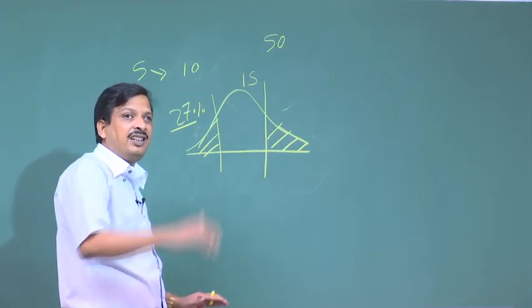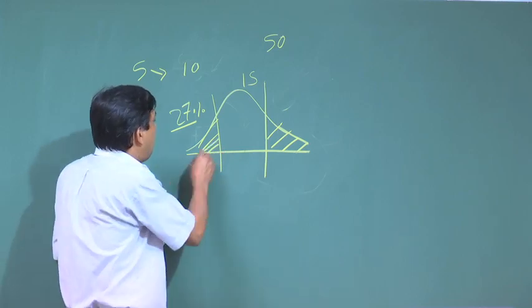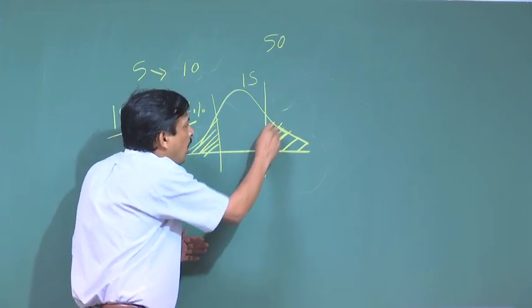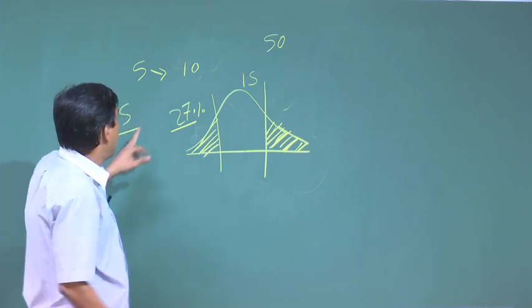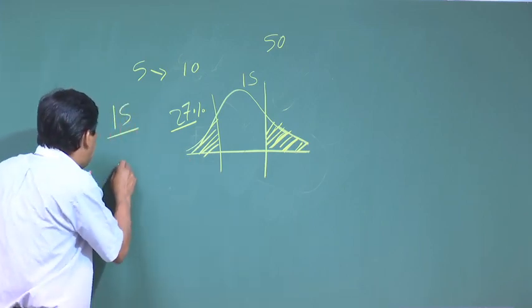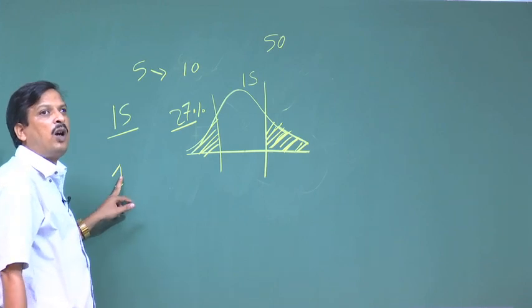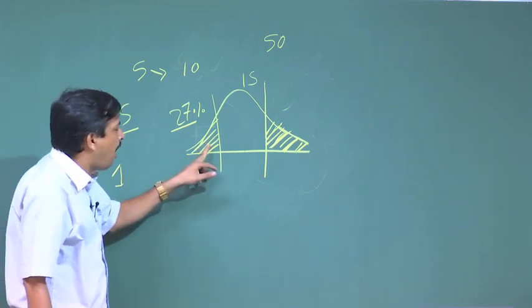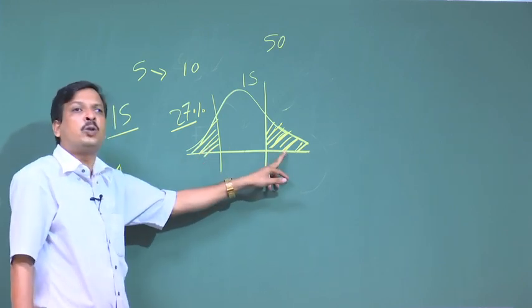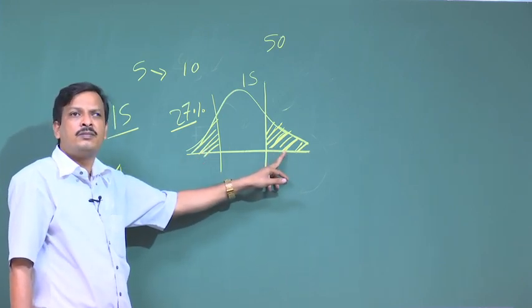Now, if I say test item number 1 is very easy, what is the meaning? That all the upper group students and lower group students should be able to answer it.